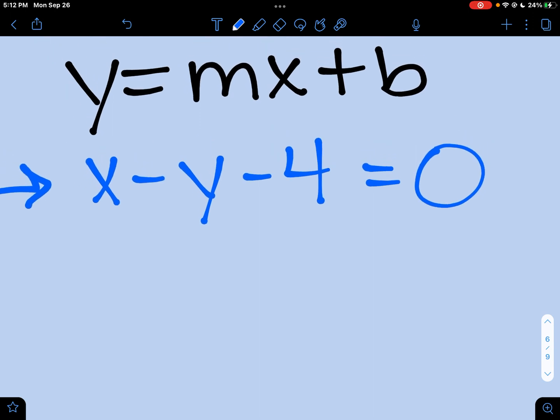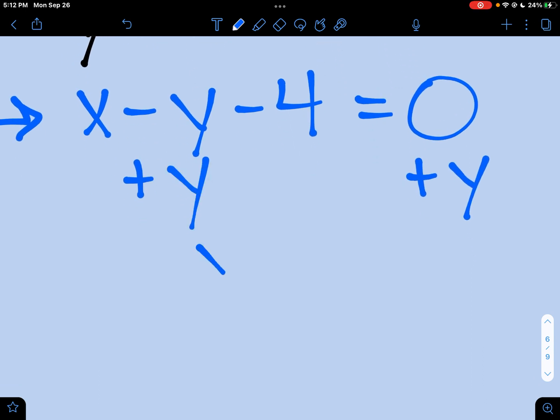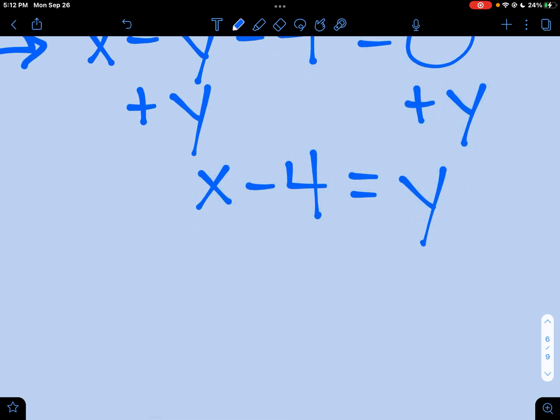All right, so I need y equals mx plus b, so I need to get the y by itself. And we did this a little bit when we graphed in the last bundle. Y doesn't have any numbers with it, but if I just add y to both sides here, I actually have slope-intercept form, but I'm going to turn it around here.